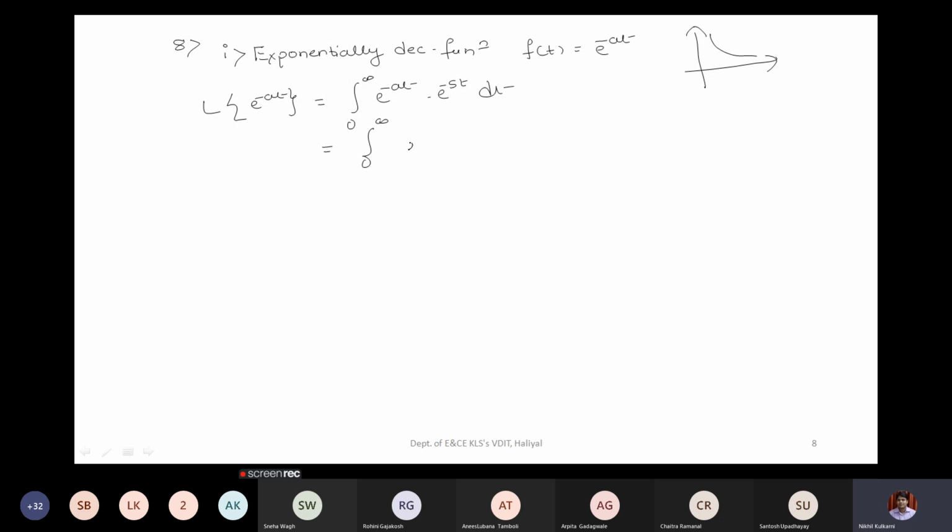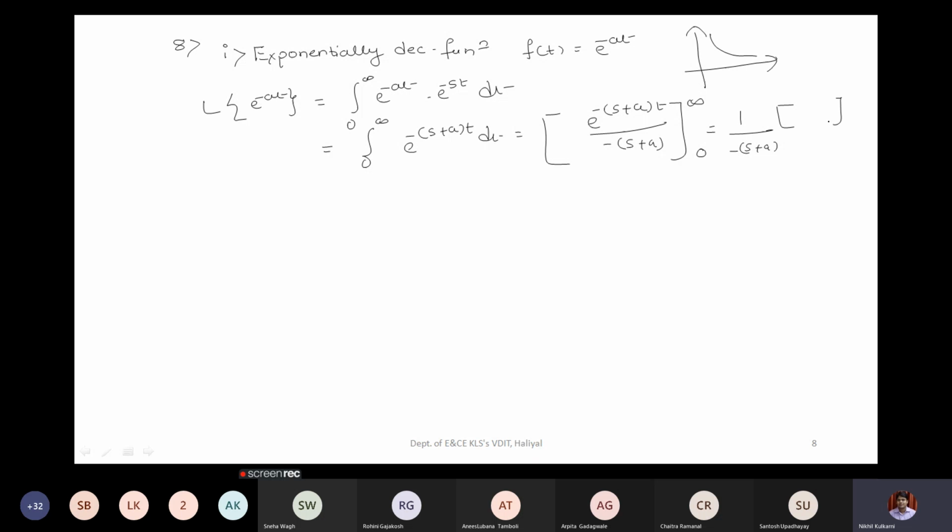If you solve it further, since the base is the same, I can club the exponents and write e to the power minus (s plus a) t dt. This is going to give me the integration as e to the power minus (s plus a) t divided by minus (s plus a), with the limits 0 to infinity. You can take out 1 divided by minus (s plus a) outside.